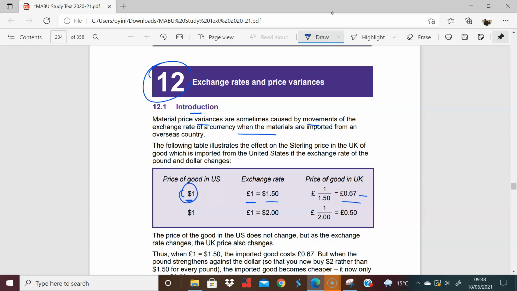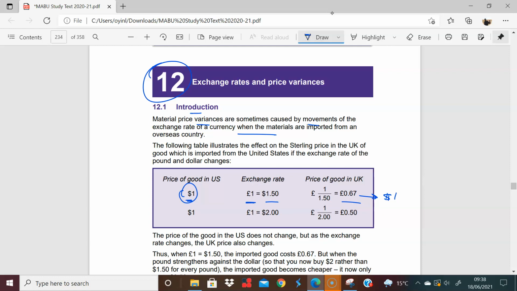So 67p could get you a dollar, or a product which is a dollar. A dollar can be a commodity as well. A currency can be considered to be a commodity somewhat.